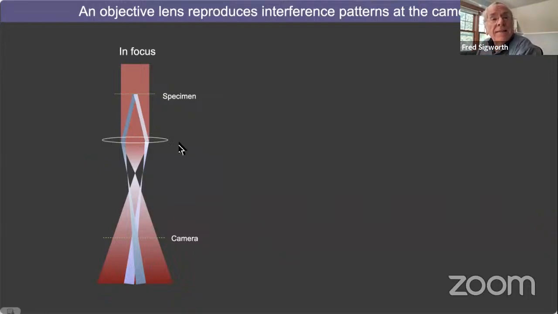So here's a lens. The lens focuses the undiffracted beam down to a point, and then it spreads out again. Down here we have the undiffracted beam, and here are 2 diffracted beams, and we have the same relationship of phase differences down here as is happening up here at the specimen. But notice that now we have what would be the extrapolation of the wave fronts up above the specimen, magnified down here at the camera.